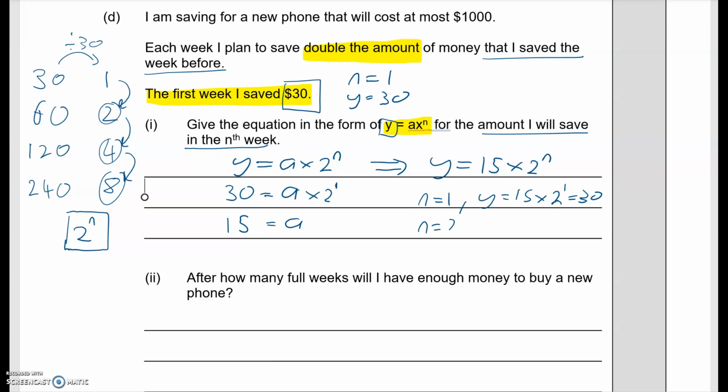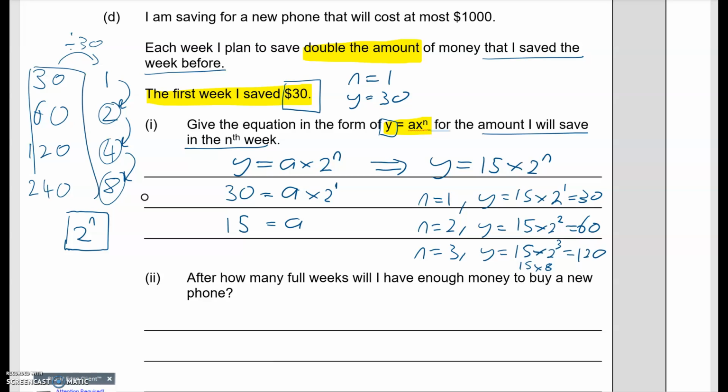What about when n equals 2? We get y equals 15 times 2 to the power of 2. 15 times 4 is 60. And finally, n equals 3. y equals 15 times 2 cubed for the third week. 15 times 8 is 120, which agrees with our pattern over here on the left.